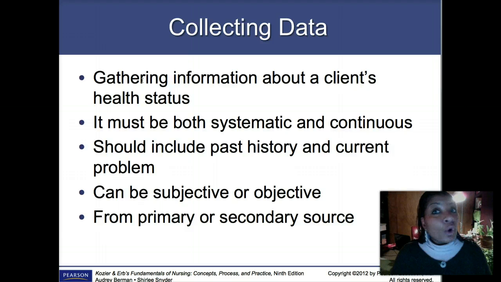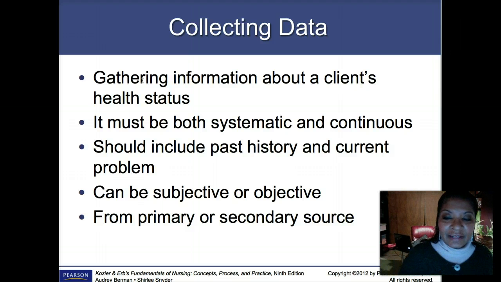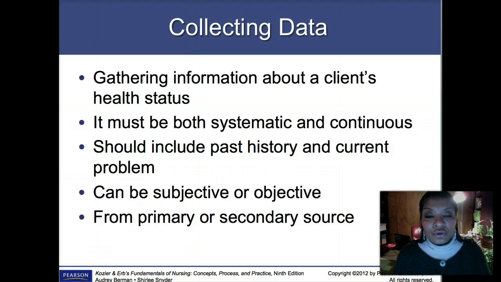Gathering data is an organized process, and again, it's continuous. You're always collecting data. Your assessment is always going to include your past history and your current problem, as I said. And you're going to collect data that is both subjective and objective. Subjective data is what you can't measure, but objective data is things you can measure.